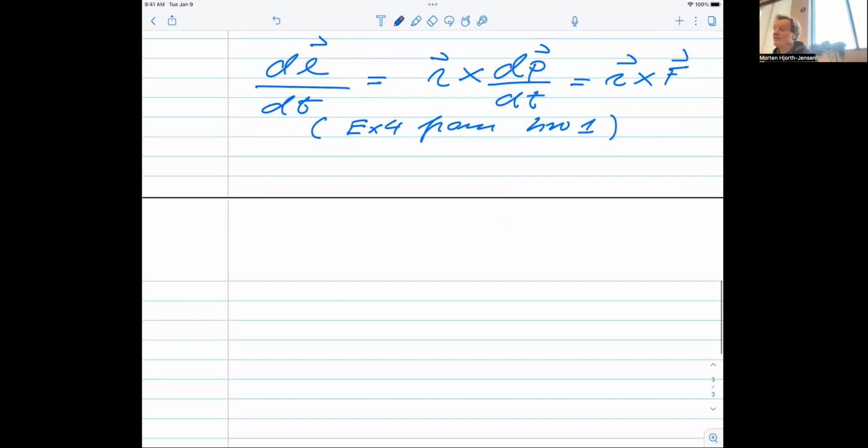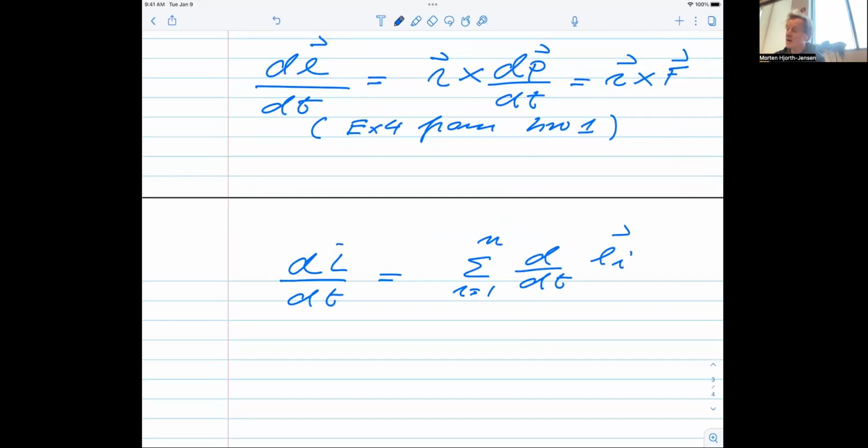And what we found as well is that the quantity dL/dt is the sum for the individual objects from i equal 1 up to N, of d/dt of L_i. These are the individual angular momenta if we have N objects.